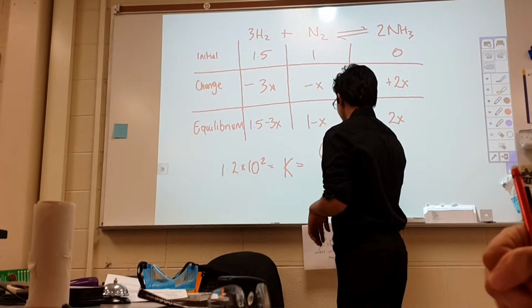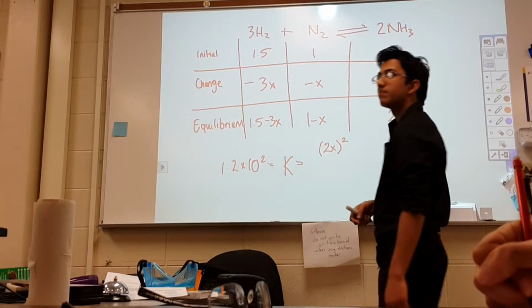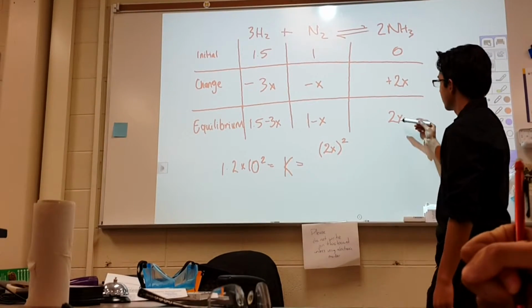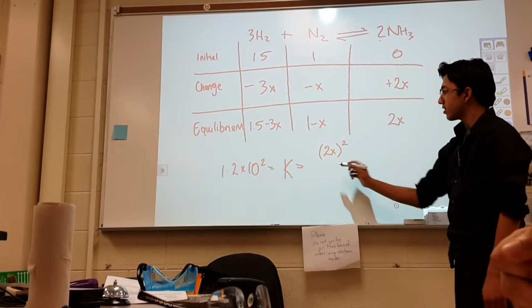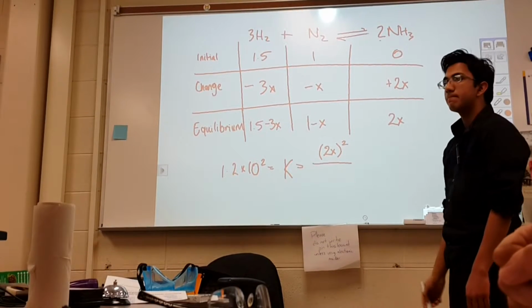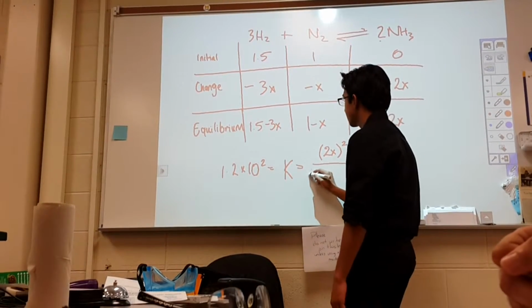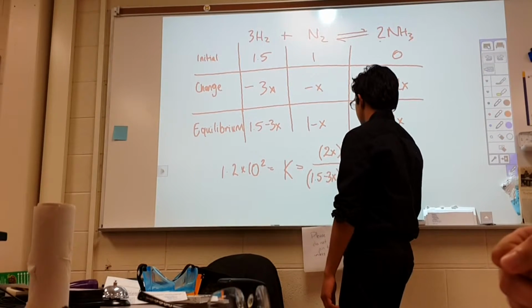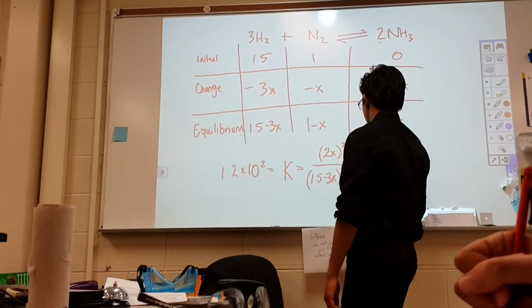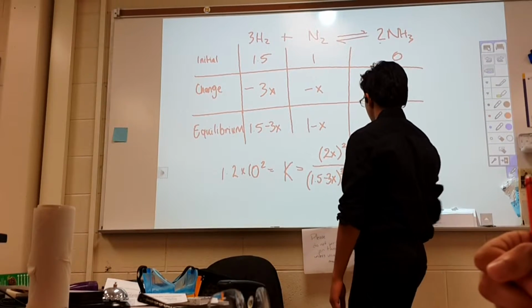Why is it 2x squared? Where are you getting that from? NH3 equilibrium value squared. Yep. We need that 2x equilibrium value squared because that's 2. Divided by 1.5 minus 3x cubed, right? And then 1 minus x.